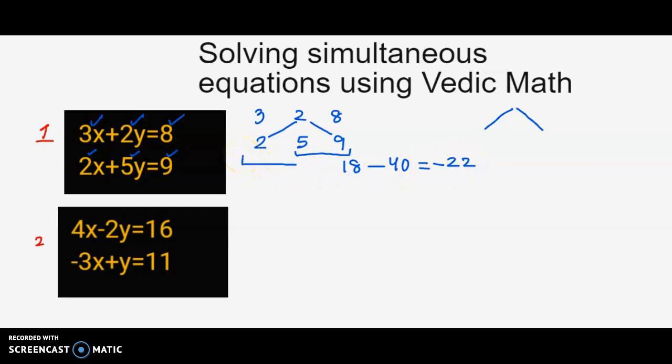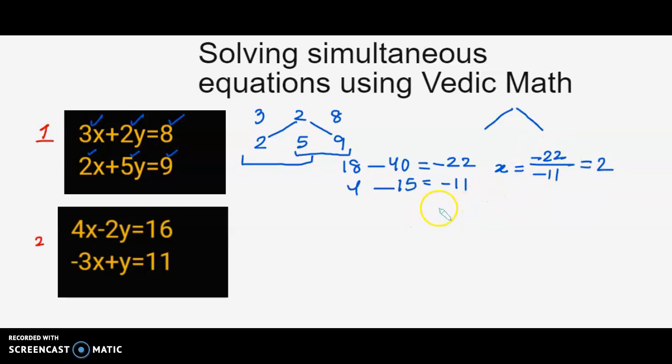Again, take these two pairs, multiply 2 and 2, that is 4, and minus 3 and 5, that is 15, and subtract. So you are getting minus 11. Now the value of x would be negative 22 divided by negative 11, that is 2.